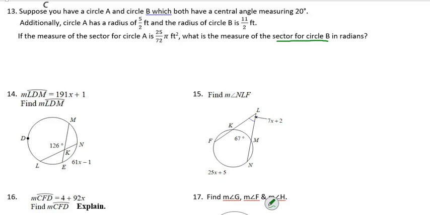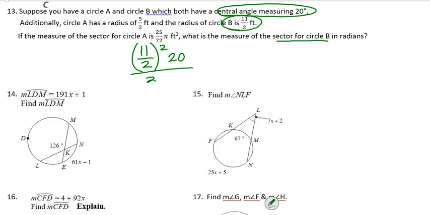So we've got our central angle measure of 20 degrees here, and we can see also that the radius here is 11 over 2. So what we want to do is 11 over 2 squared. That's our radius. We're going to multiply that times 20, and then we're going to divide that by 360, because remember, our formula is pi radius squared theta divided by 360, right?